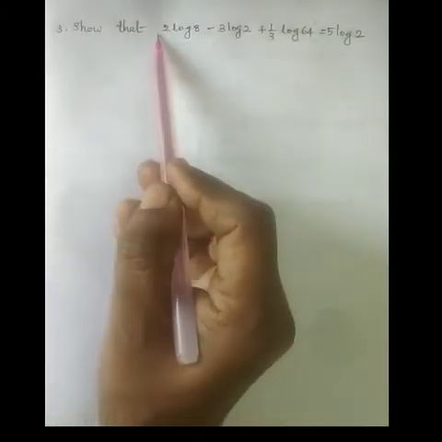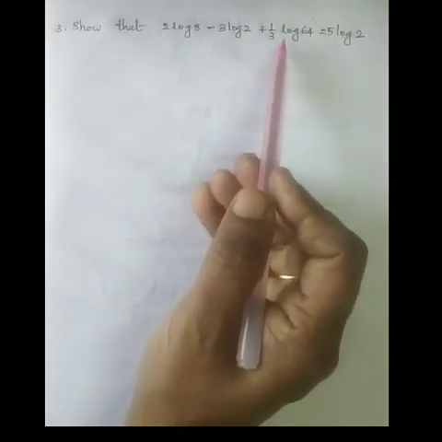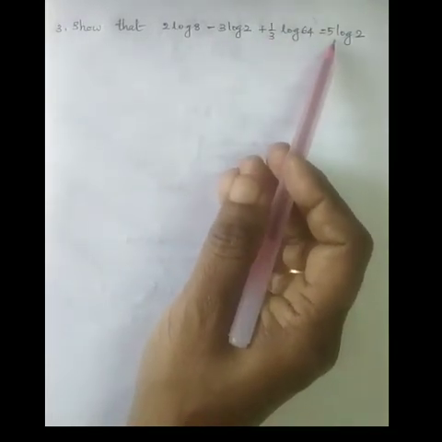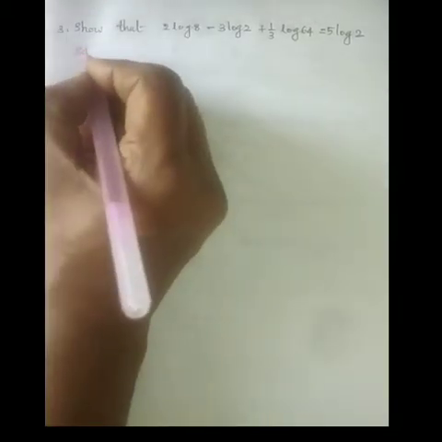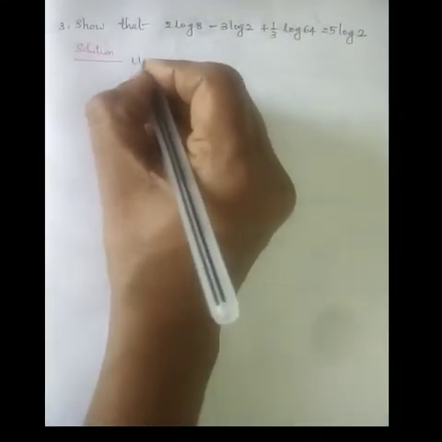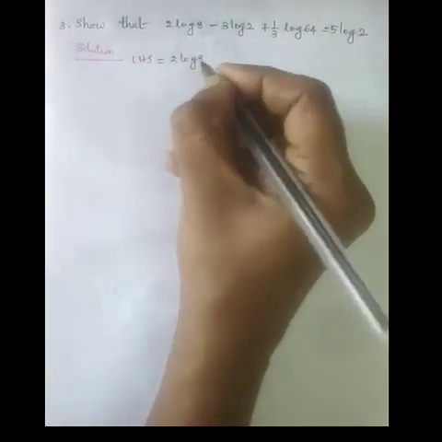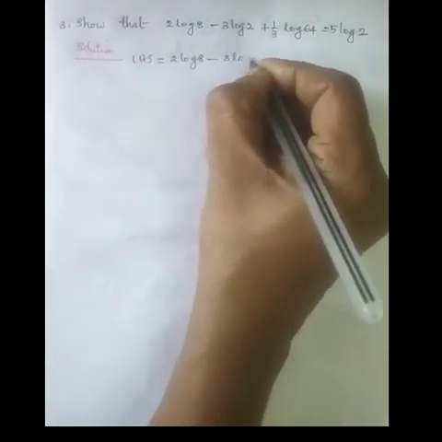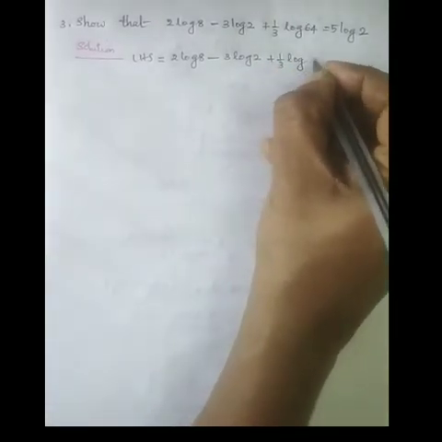Another one, show that 2 log 8 minus 3 log 2 plus 1 by 3 log 64 equal to 5 log 2. So the solution, first take the LHS. Here the LHS is 2 log 8 minus 3 log 2 plus 1 by 3 log 64.